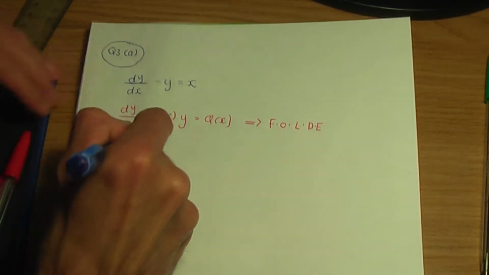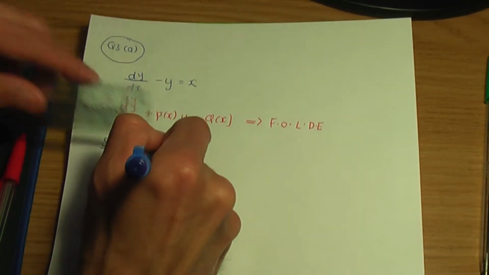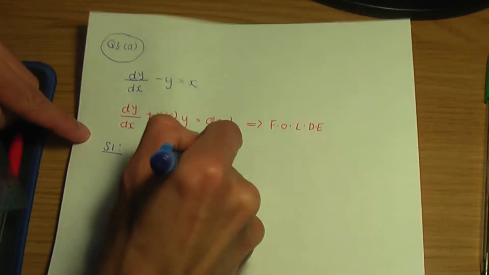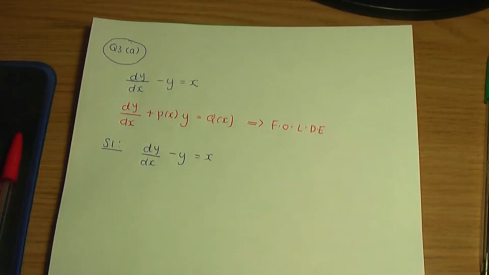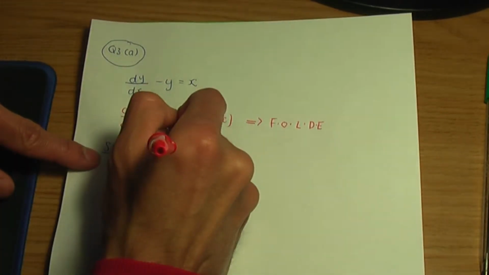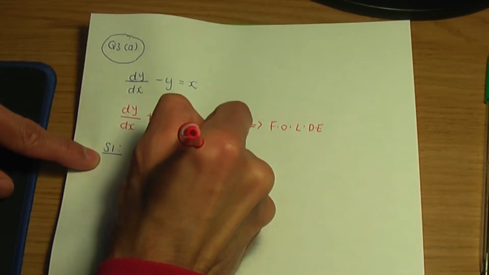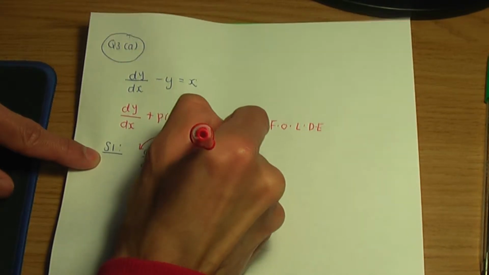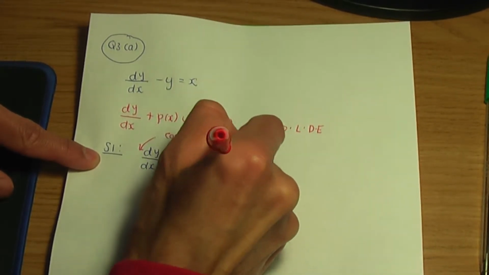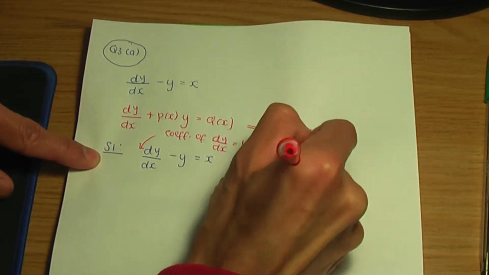So in step number 1, let me leave the equation as it is. Dy over dx minus y is equal to x, and the coefficient, as you could observe, is already 1. So in this case it's in standard form. So coefficient of dy over dx is equal to 1, which implies standard form.